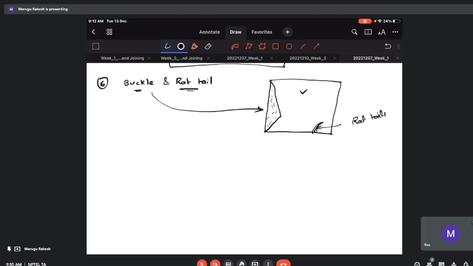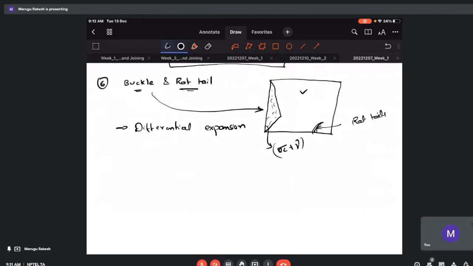This is the buckle. These are the types of expansion defects which occur due to differential expansion of the sand grains, which results in compressive and shear stresses in the mold wall.